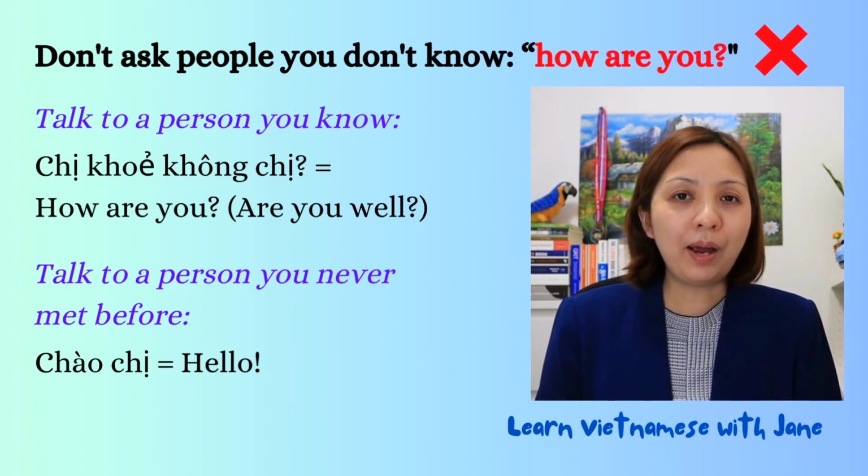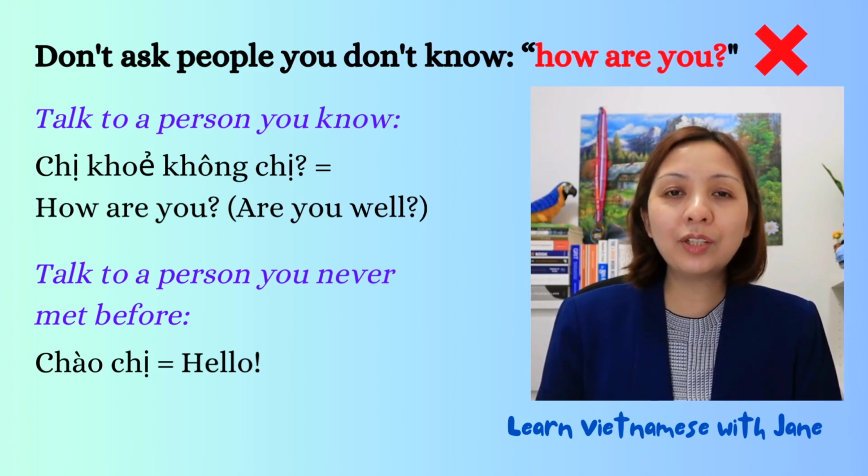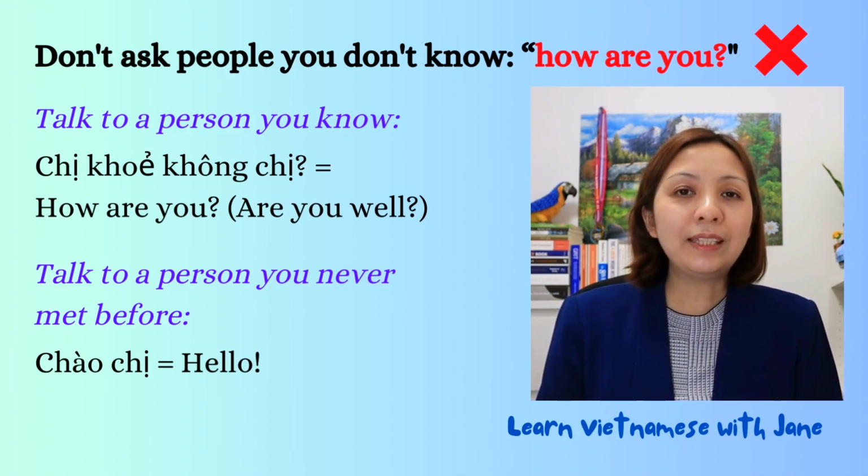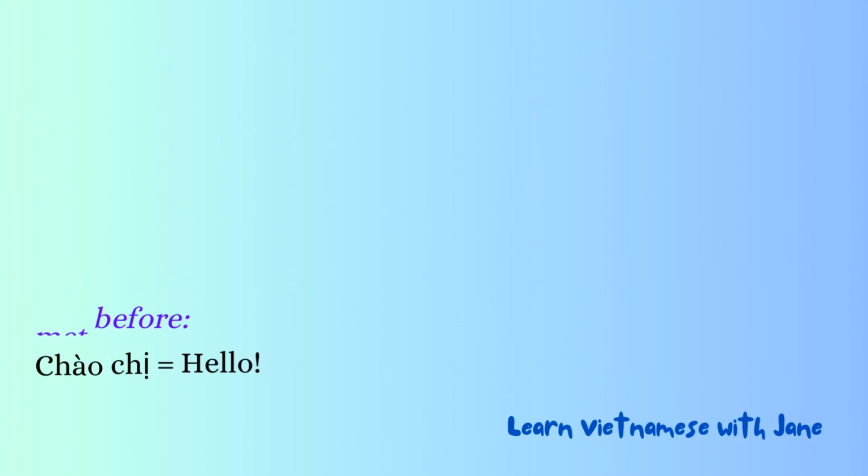Which means, how are you? Or are you well? So this is a real question about themselves. It's not just a greeting phrase. So you only say this to people you know. And if you meet a person the first time, you only say, hello. We don't say, how are you?